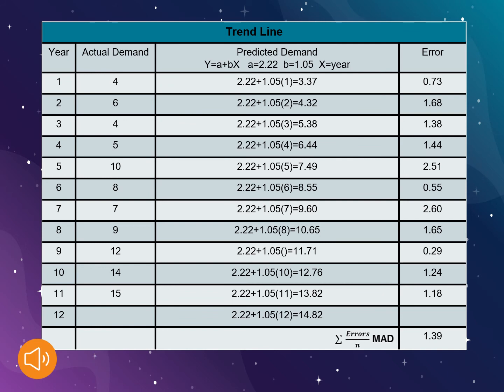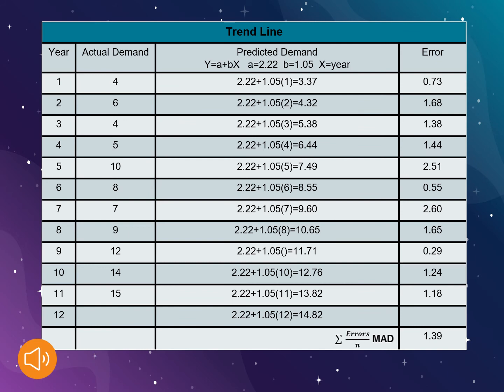And this is very simple, since we already have the MAD results for the 3-year moving average and the weighted moving average. To get the better method to be used, again, the least MAD, or the nearest to 1, is the best to be used.